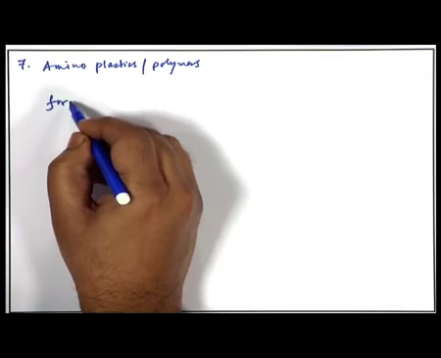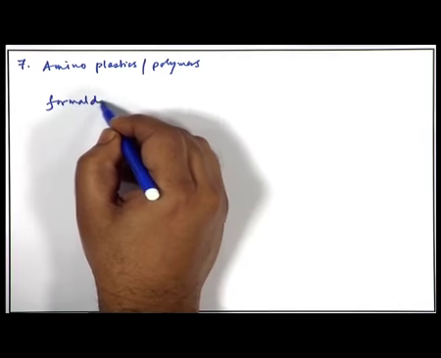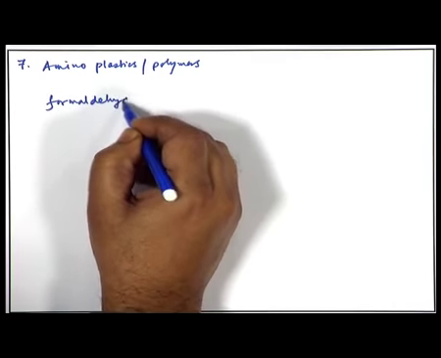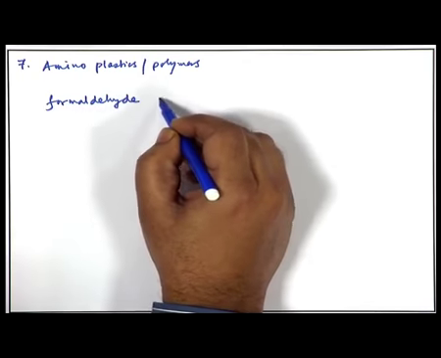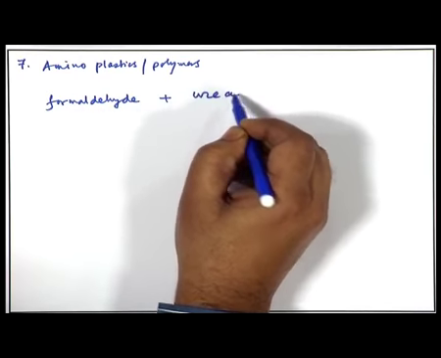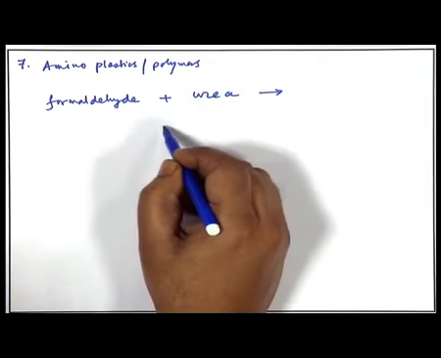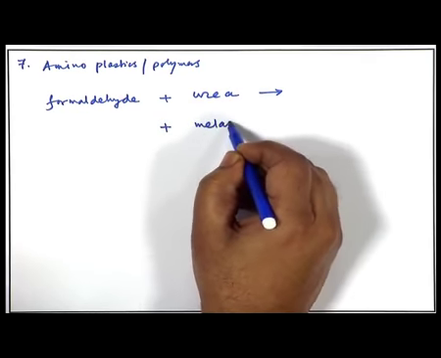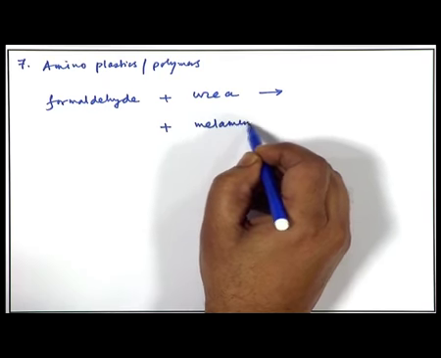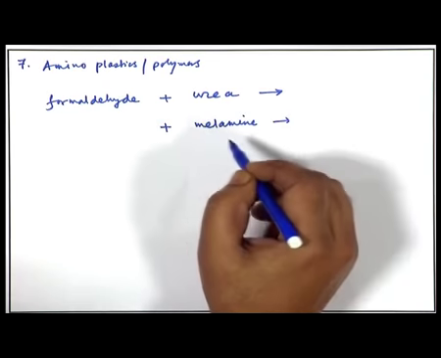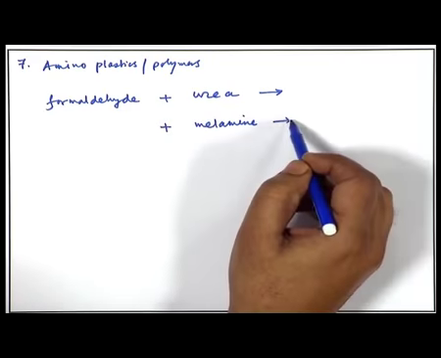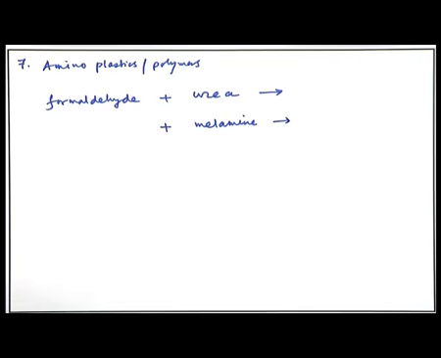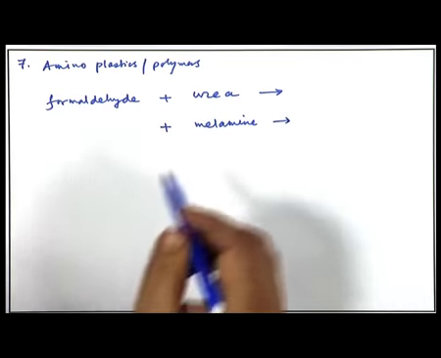In this case, we have formaldehyde reacting with urea, giving some product. Another common example is melamine. The resin between melamine and formaldehyde is what is used in melamine utensils.